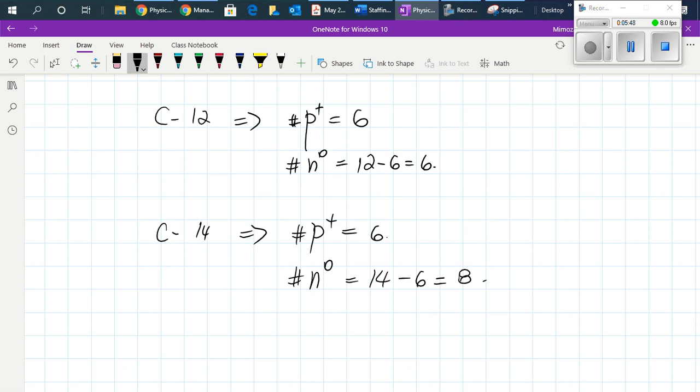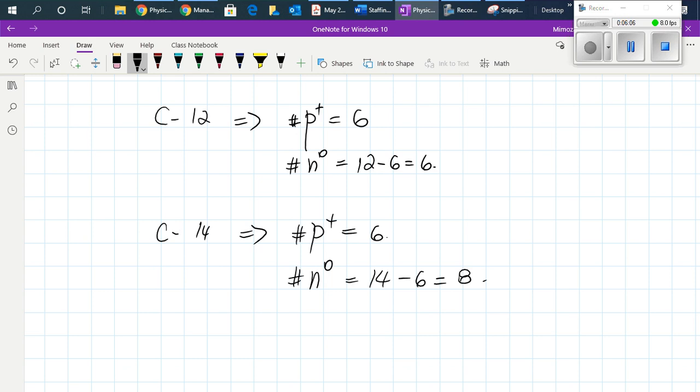In general, the term nucleon refers to both protons and neutrons, and the atomic mass is the total number of nucleons.